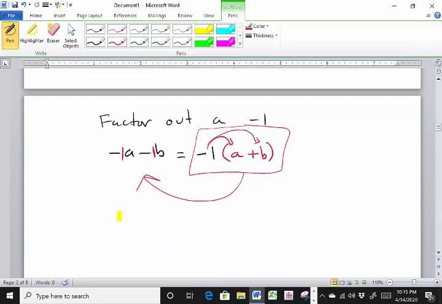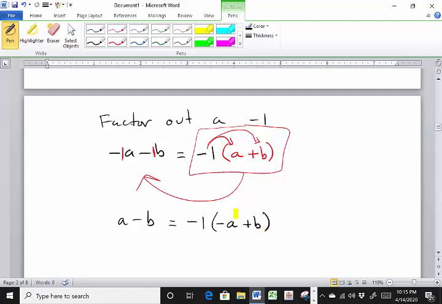We can even do this. What about a subtract b? Factor out a -1. So if I factor out a -1, I go -1 times what gives me a positive a? Well, negative times negative is positive, so I have to do a negative a, right? And then -1 times what gives me minus b? Well, it's just a plus b.